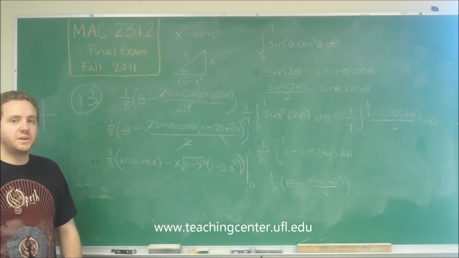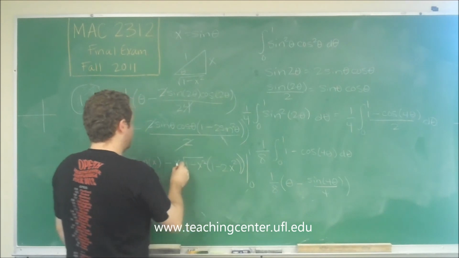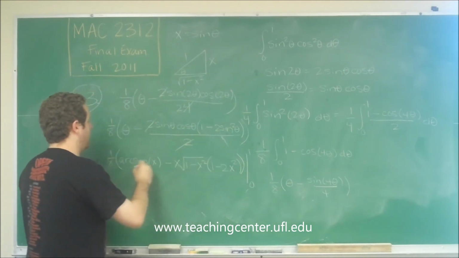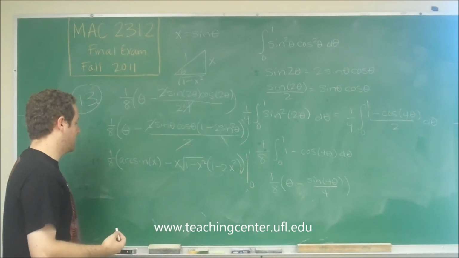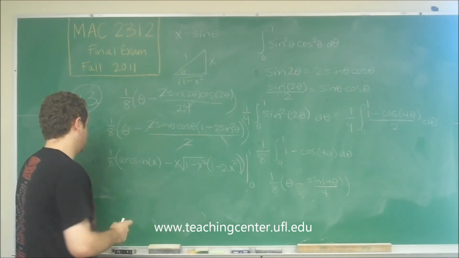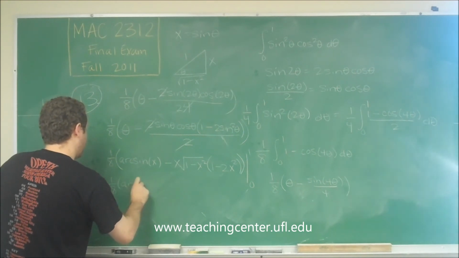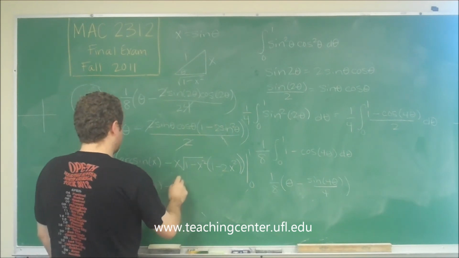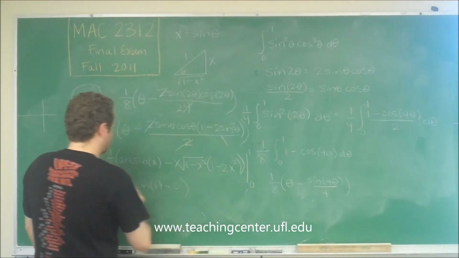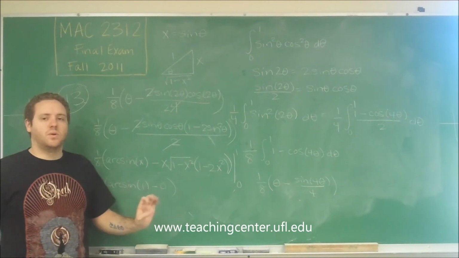Now we can just plug everything in. If you plug in 0, this is going to make this whole term 0, and arc sine of 0 is 0, so we're going to get 0. We only need to plug in 1 here. So we're going to get 1/8 arc sine of 1 minus 0.